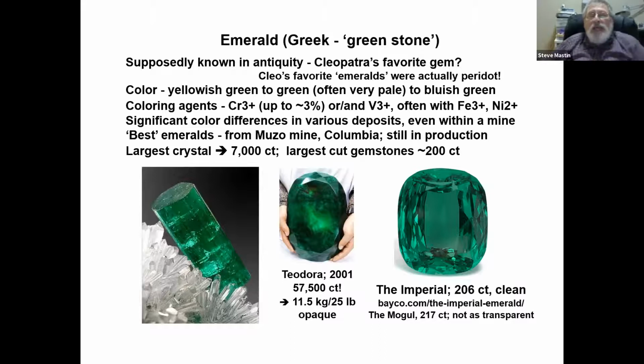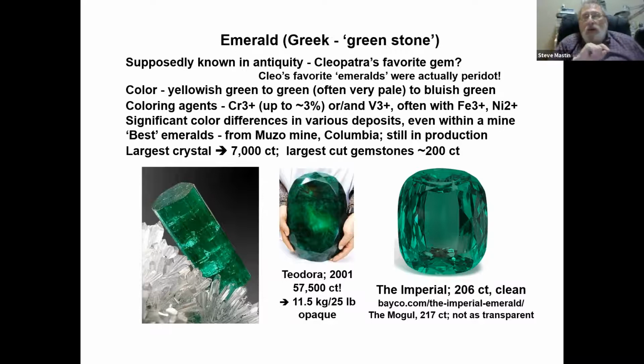So you've got Theodora that was discovered in 2001, and that's when it was cut. It's almost 60,000 carats, weighs 25 pounds, but it's opaque. It's cut anyhow because something that size with such uniform color is very unusual.